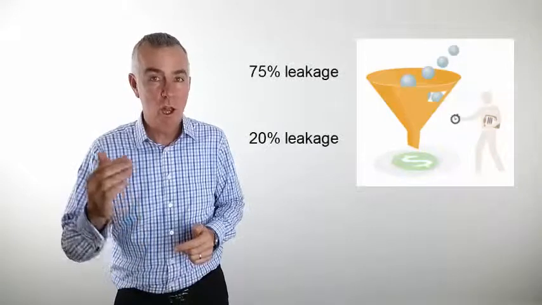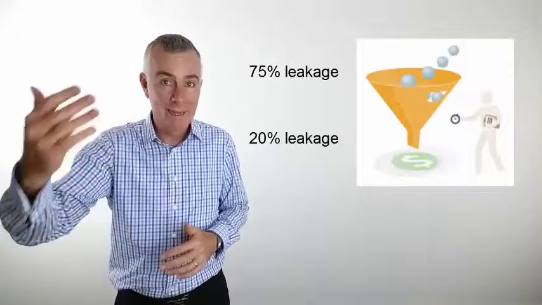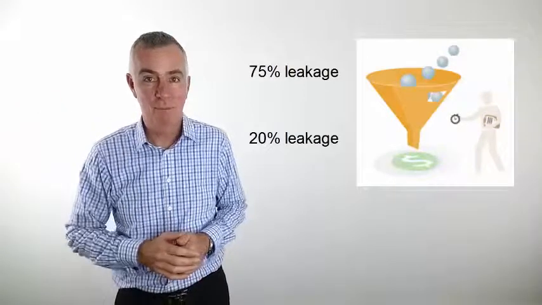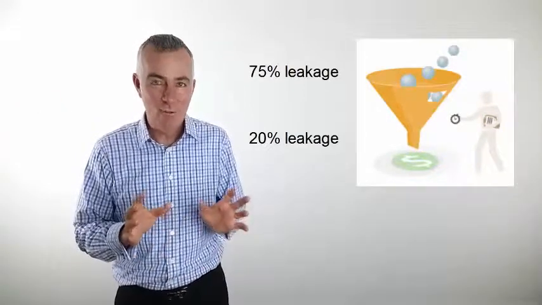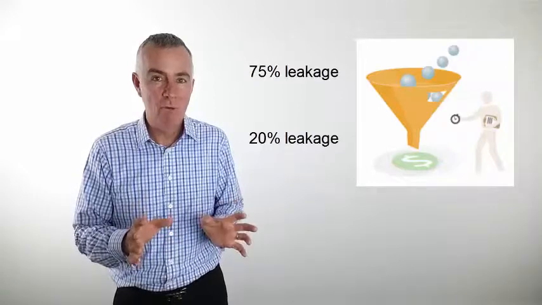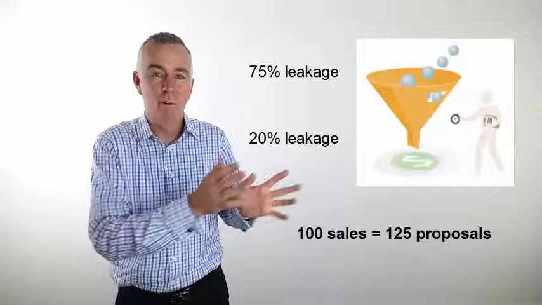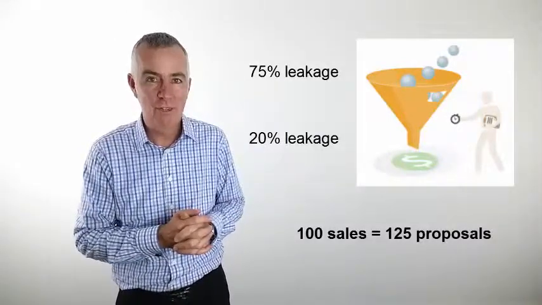Let's now reverse that, and let's say that we have a very low leakage at the bottom but high leakage at the top. So 20% at the bottom and 75% at the top. Again, to get our 100 sales, instead of 400 proposals, we need only 125 proposals that come in turn from 500 leads or opportunities.